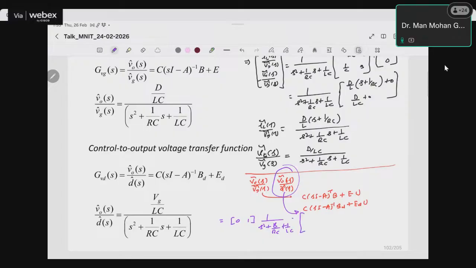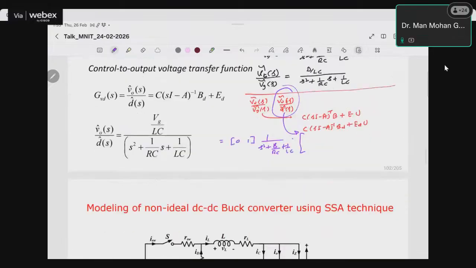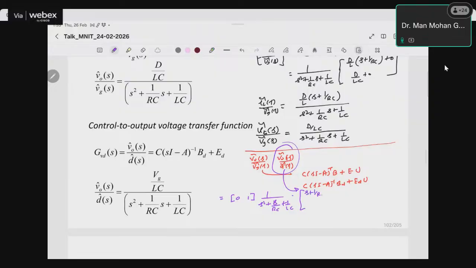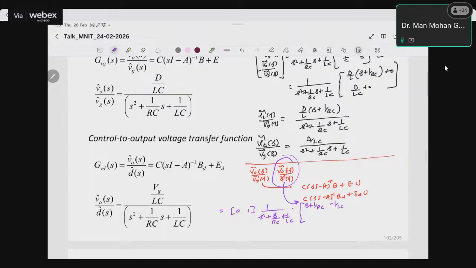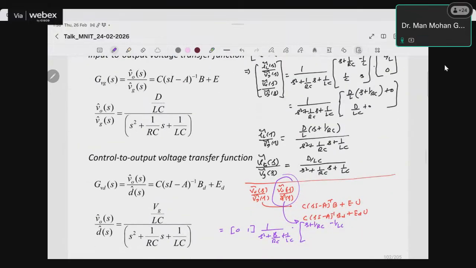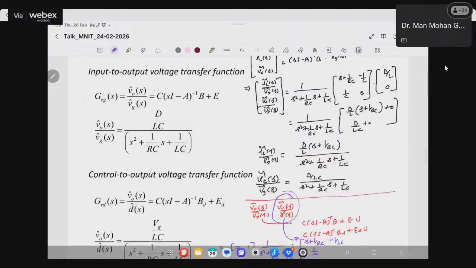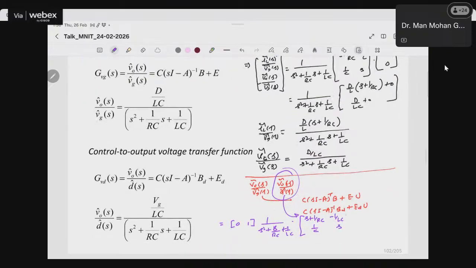And then this complete matrix: S plus 1 upon RC, minus 1 upon LC, 1 upon C, and then S, into BD. VD is D upon L, 0, ED is 0, into U. Right. So if you see, I simplify, this term will be taken out. This term is 0.